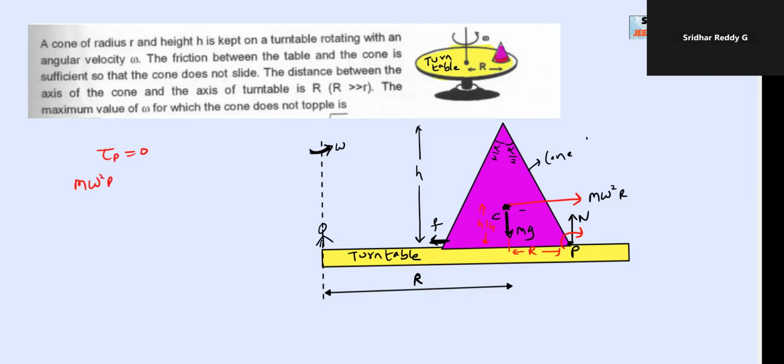Torque due to centrifugal force, torque due to mg. Torque due to centrifugal force will be m omega square r into H by 4. Torque due to mg will be mg into R.